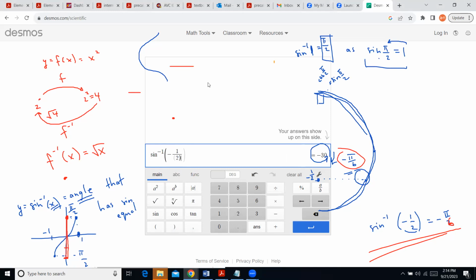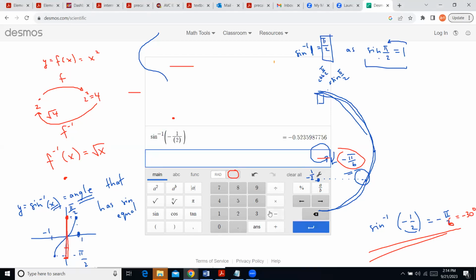My angle right now is in degrees. So it gave me negative 30 degrees, which is the same as negative pi over 6, right? Negative 30 degrees. So it looks like it is correct. But we usually get answers in terms of radians, and radians will be something negative.